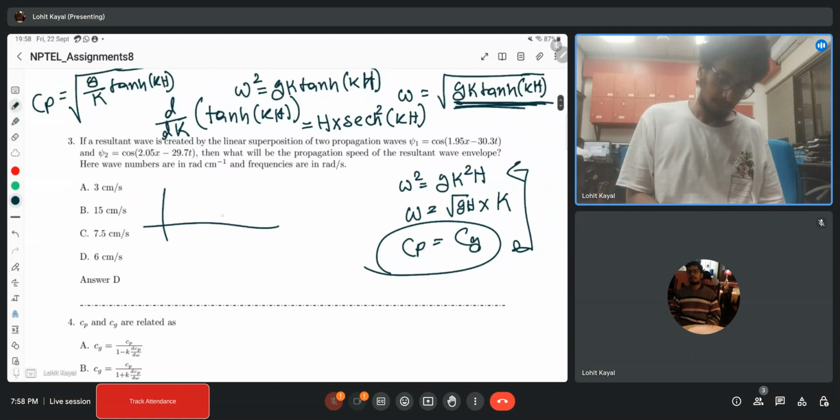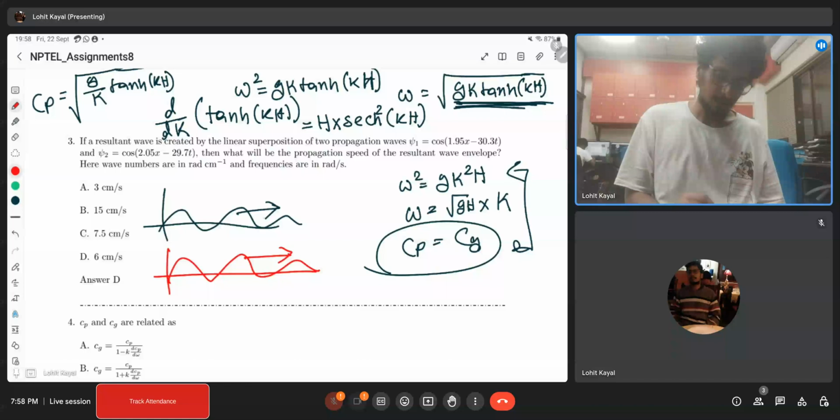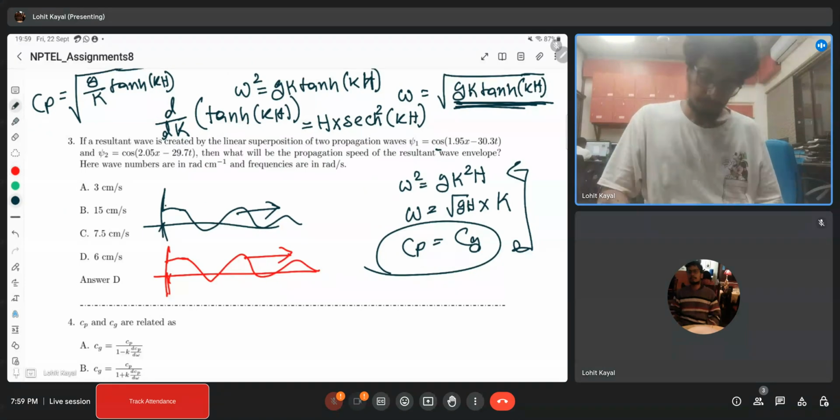There is one wave like this, traveling at some speed, and another wave traveling at some other speed. These are cosine waves. Psi 1 is cos of 1.95x minus 30.3t, and psi 2 is cos of 2.05x minus 29.7t.